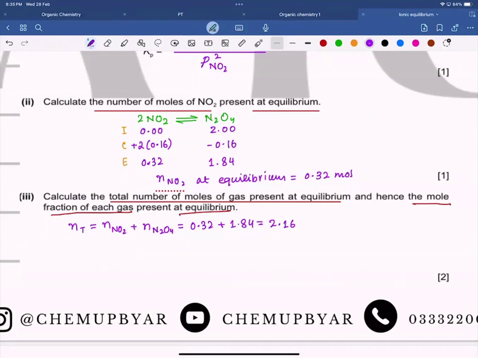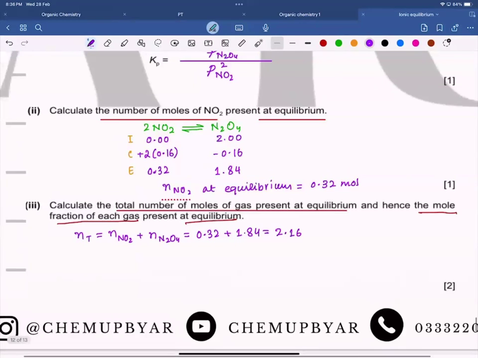What was the formula of a mole fraction? If I have to find the mole fraction of NO2, then what is the formula? Yes, Hamza and Ashil. Sir, I think I wasn't in the last class, so I don't remember. Yes, Hamza. Kubra, can you tell me the formula for a mole fraction?